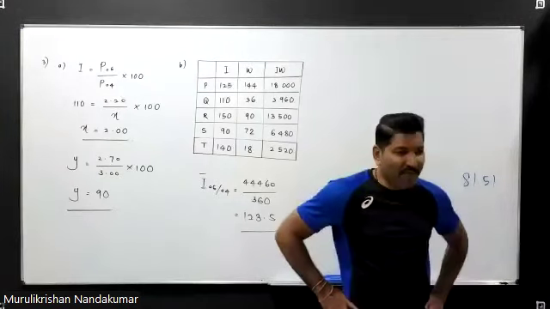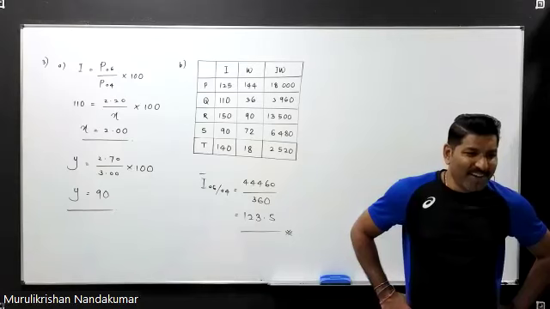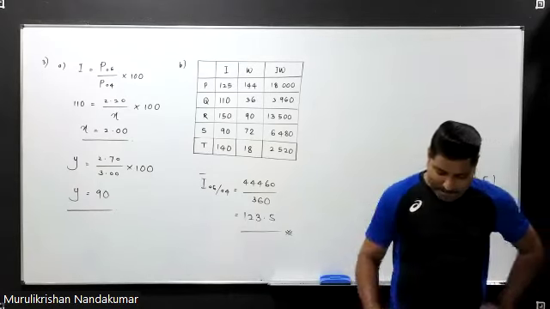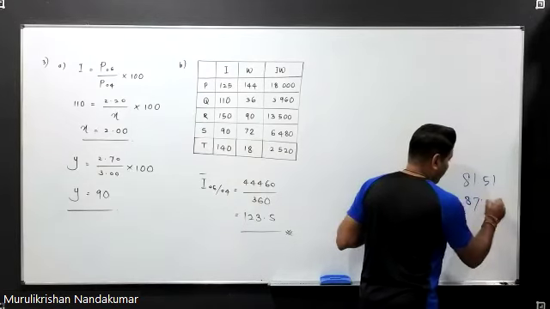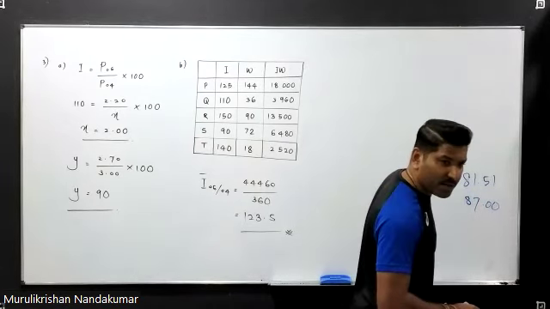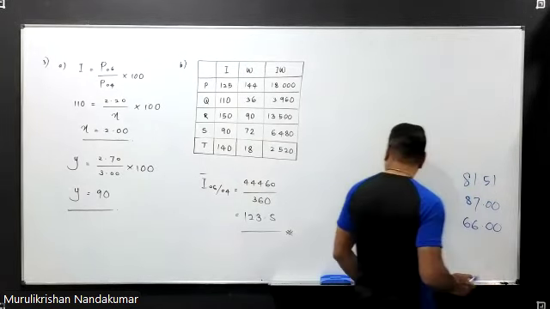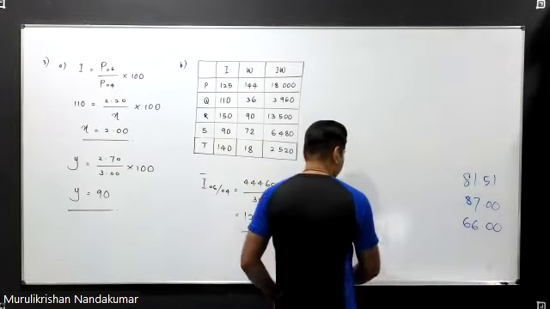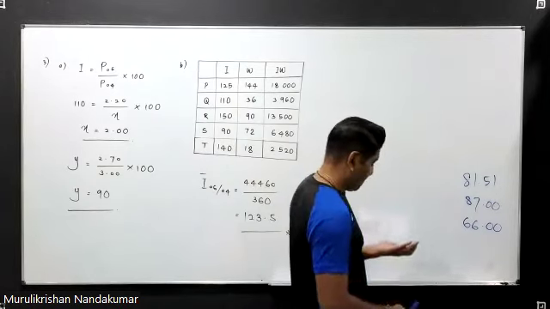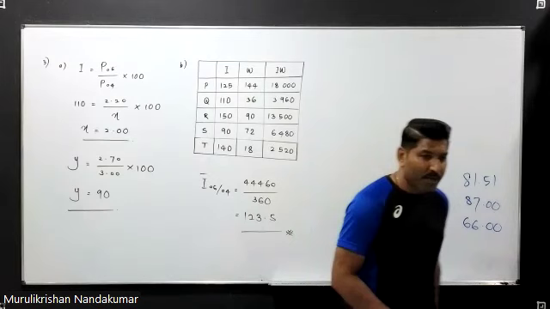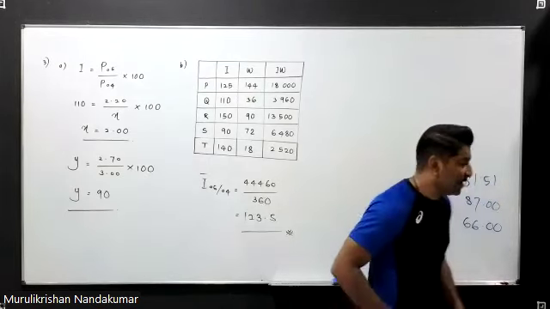So many different answers. I love it. 87.00. Then got 66.00. Oh. 78.93.